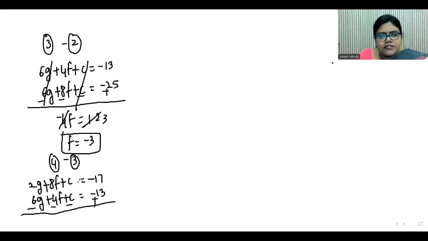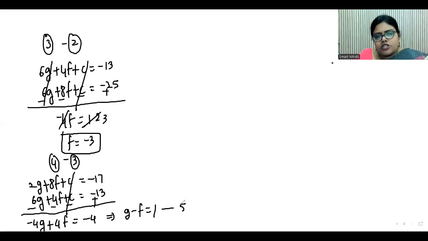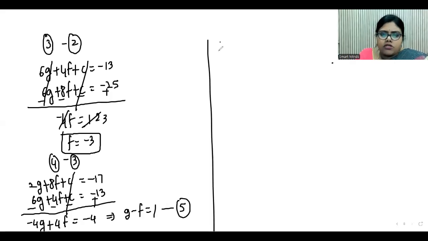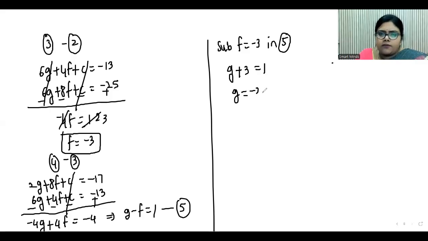Plus will become minus, minus will become plus. Here c minus c gets cancelled. 2g minus 6g is minus 4g plus 4f is equal to minus 4. Now if you take minus 4 common, g minus f is equal to 1. This is equation number 5. Now substituting f is equal to minus 3 in equation number 5. So g minus of minus 3, that is plus 3, is equal to 1. So g is minus 2.